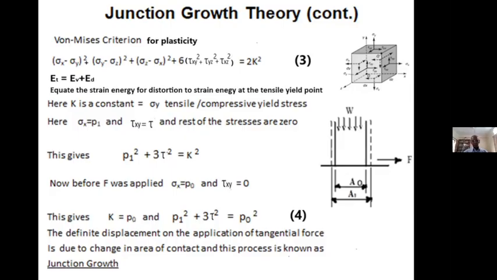P1 is nothing but W by A1. Tau is the shear stress, which is F by A1. And P0 is the pressure when there was no tau, that is W by A0. Okay, with this, we'll go to the next consideration.